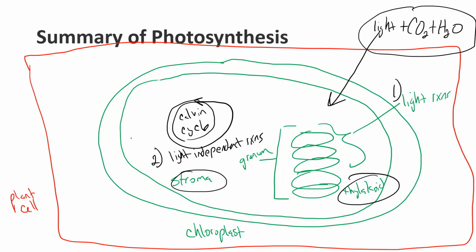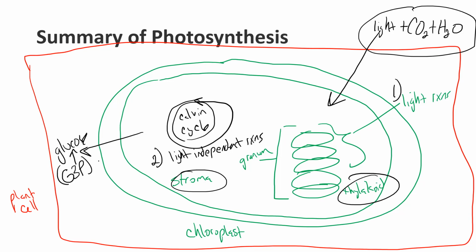And then we get the products of photosynthesis. Of course, the main product is glucose. Now, sometimes you'll see this labeled as G3P, and that's a 3-carbon sugar that is used ultimately to make glucose and other organic molecules.